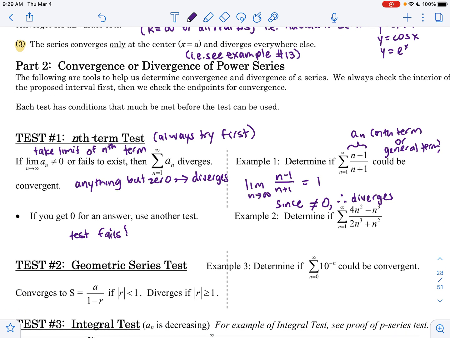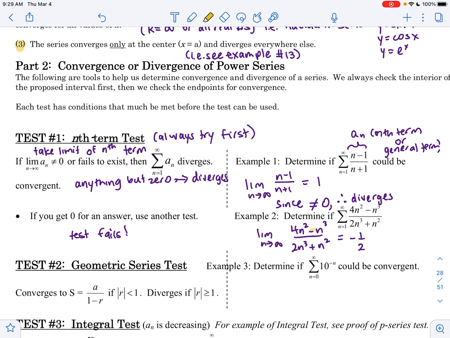On example 2, if we do the same thing, we take the limit as n goes to infinity of 4n squared minus n cubed all over 2n cubed plus n squared. We might first think, okay, this is 0 because there's a bigger bottom, but we want to make sure that we're looking at the highest power on top and bottom, which is those two. And we conclude that as I go out to infinity, my limit is the ratio of the coefficients, and that is -1/2.